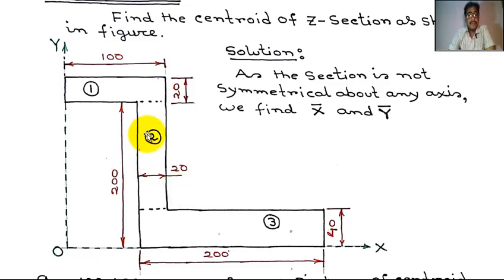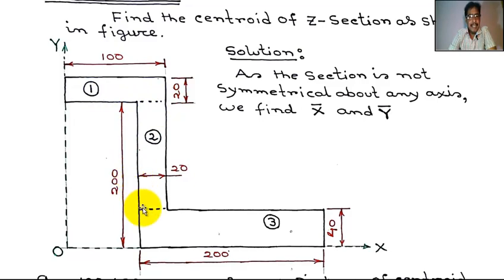Now we join this line. This is a rectangle, 100 millimeter length, 20 millimeter width. This rectangle is marked as rectangle number 1.